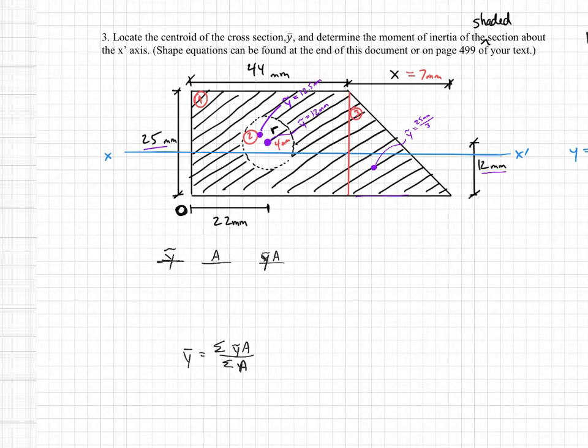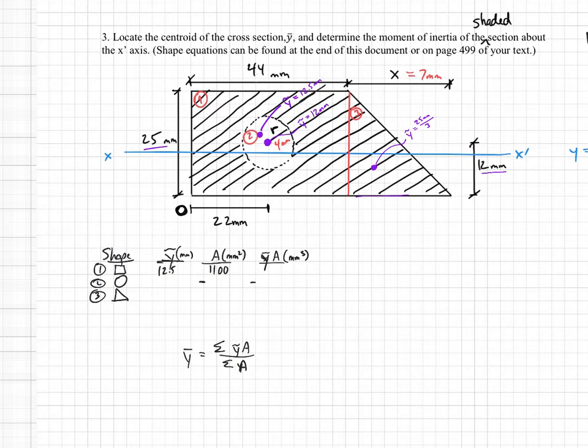Okay, so let's call shape 1 the rectangle, shape 2 the circle, shape 3 the triangle. We need to make sure that our area here is negative, because that's a source of errors, I guess. So for the rectangle, we've got 12.5 for the y tilde. For the area of the rectangle, it's 25 times 44, which I believe is 1100.